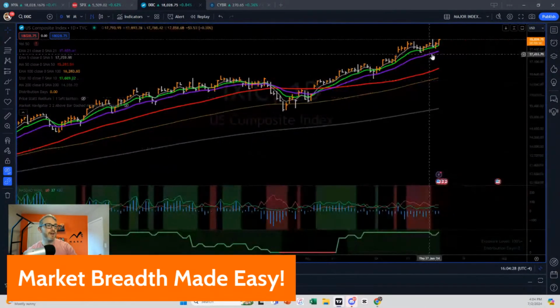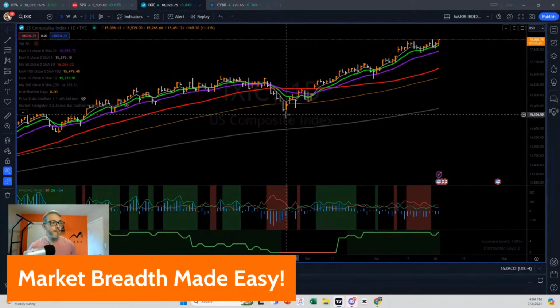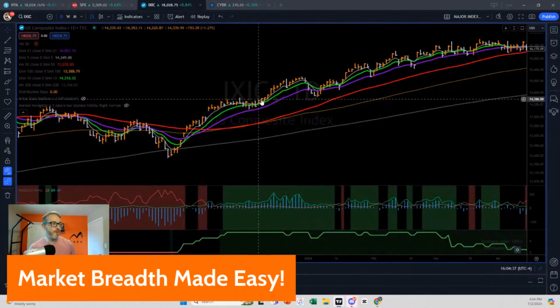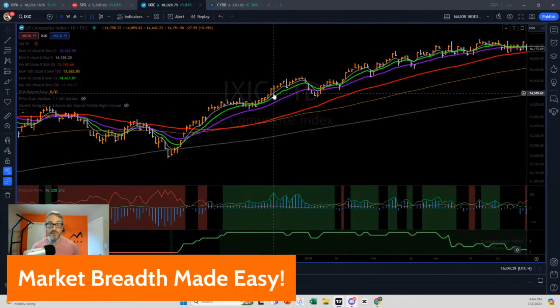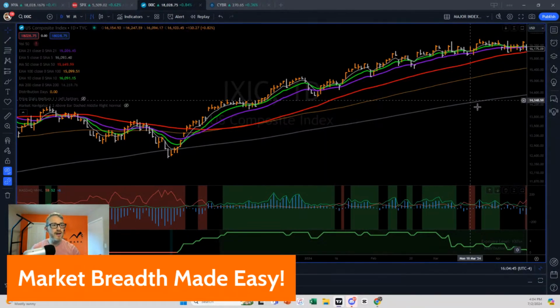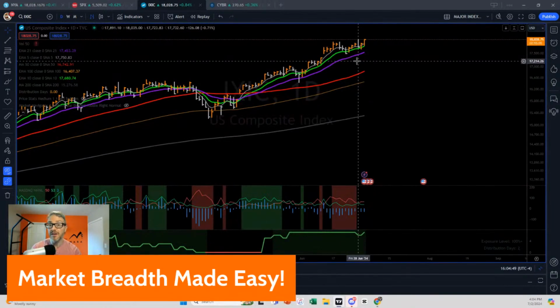But what happened over here? We're still pushing into new high ground, both at this point of the chart and at this point back here. What's the difference? The difference is that back here, there are a lot of stocks participating. Over here, there's not. How can we tell this?